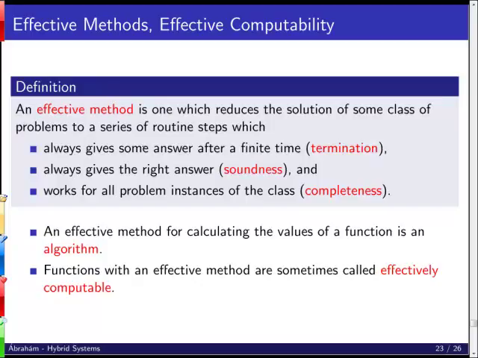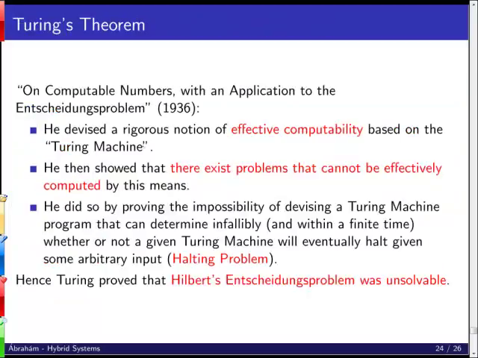Okay, so if we have an effective method, then we can also say that this is an algorithm. And what Turing has shown is that there exist problems that cannot be effectively computed.